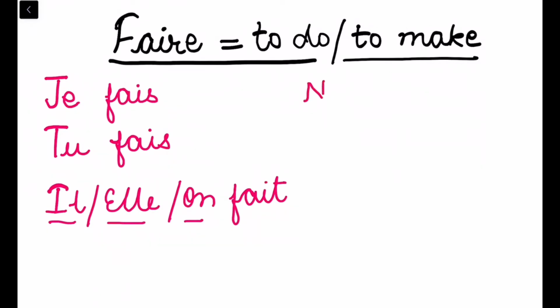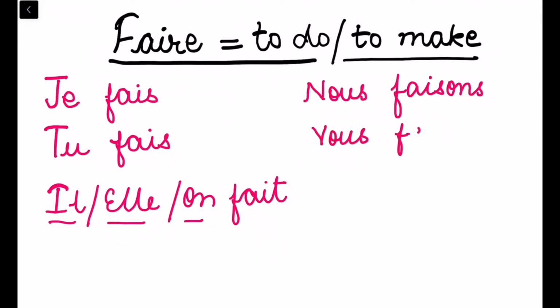Now in the plural part, the conjugation with first person plural, that is nous, is FAISONS, that is nous faisons, that means we do. The conjugation with second person plural, vous, is FAITES.